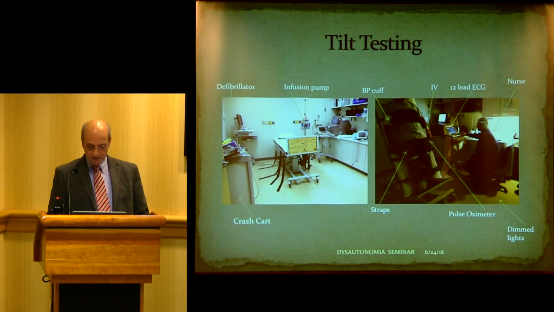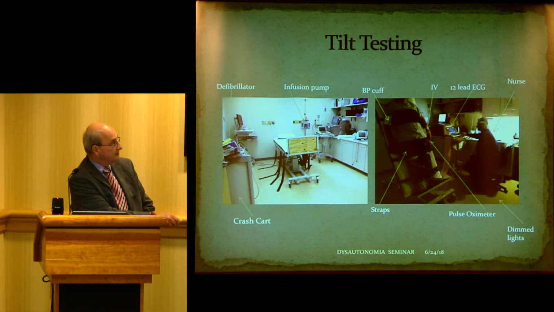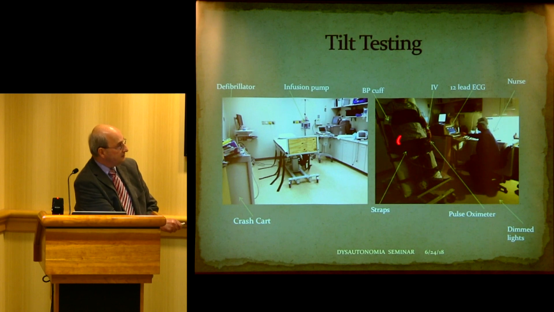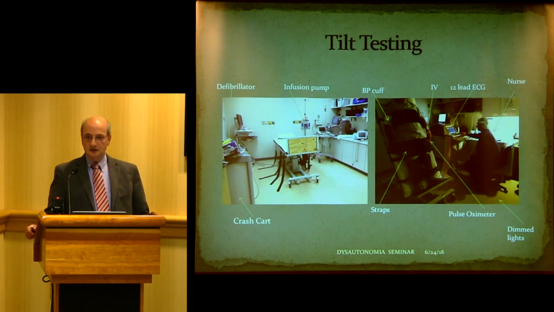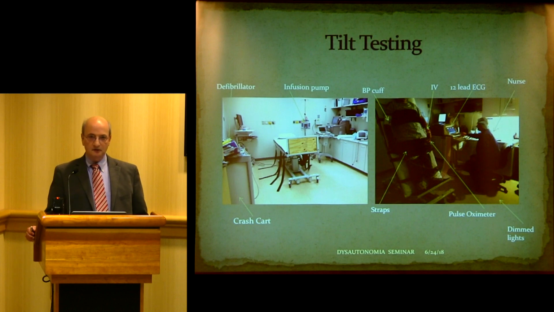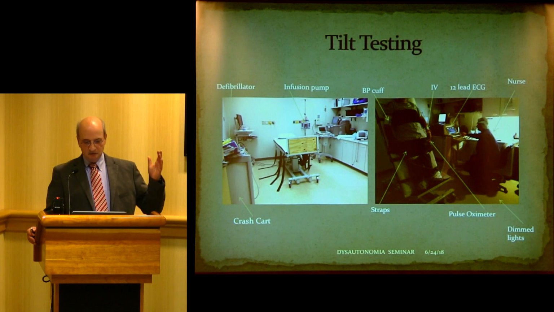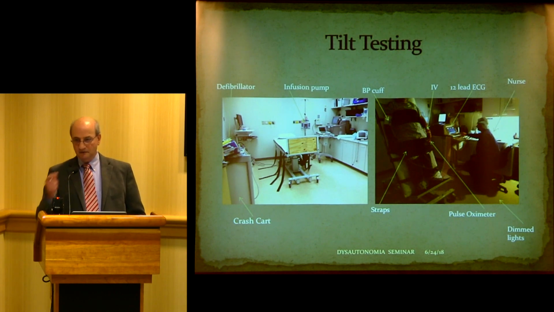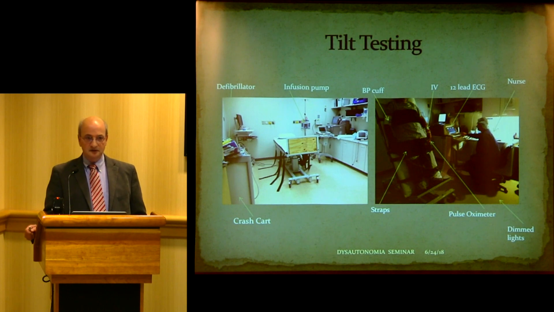Note in this picture that these people are really bound down to the tilt table. Part of that is because we don't want them falling off if they do faint, but the bigger part is we don't want them to use their legs, because the whole thought of the pathophysiology of POTS is that a good portion of their intravascular volume, maybe as much as 500 cc's, goes to the lower parts of the body when somebody is in the upright position.